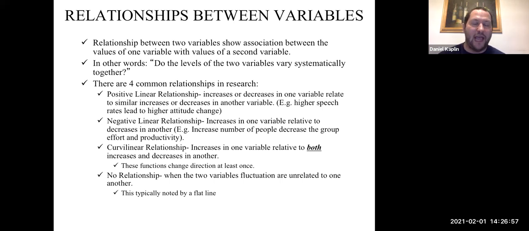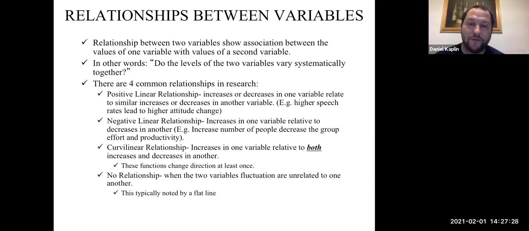As variable A increases, variable B also increases, or as variable A decreases, variable B also decreases. So both have to either increase or decrease together. That's what we mean by positive. Negative means that we have an inverse relationship. So as variable A goes in one direction, variable B goes in the opposite direction.